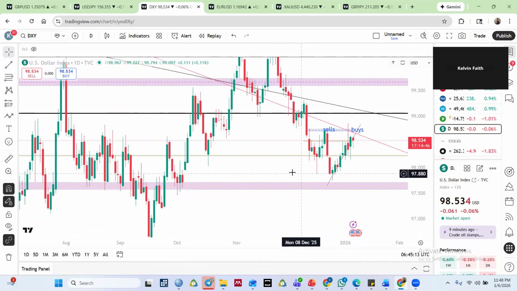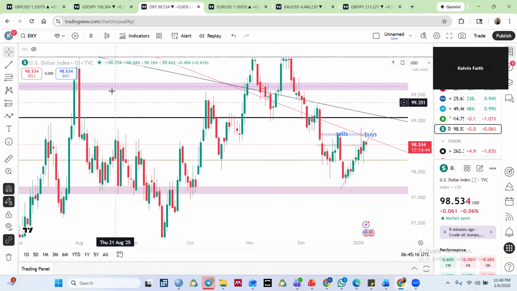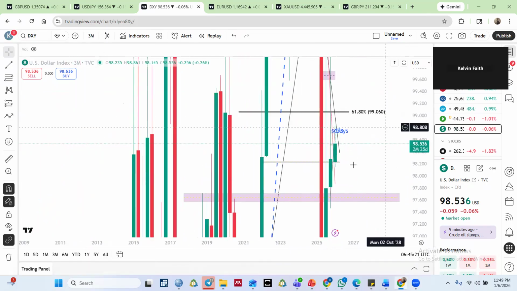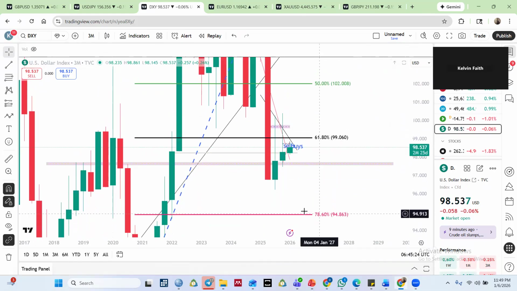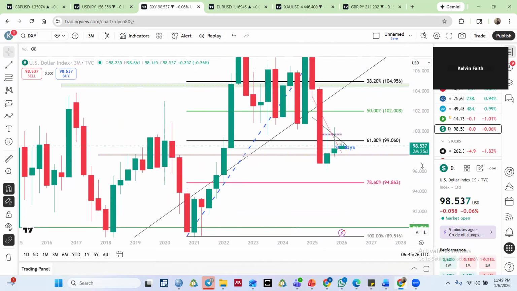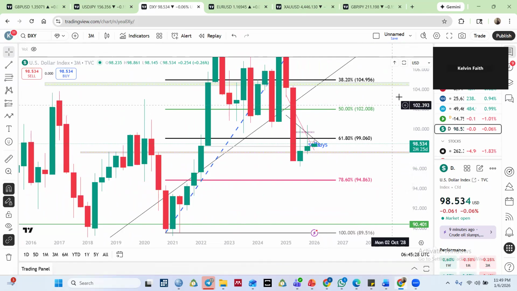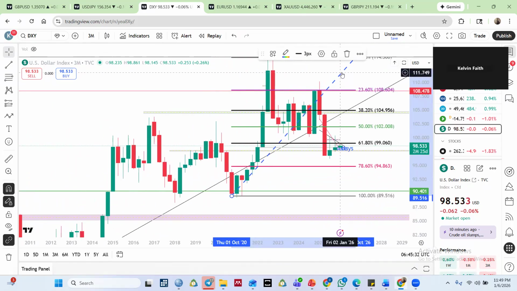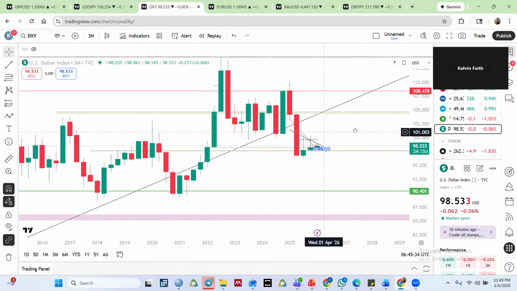So the DXY, this is the daily time frame. Let me go straight to, I think, the 3 months time frame. So from the 3 months standpoint, let me just take this fib away from here.